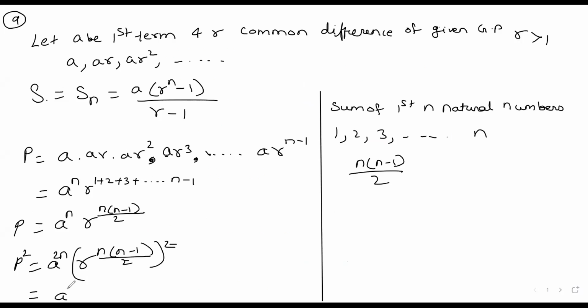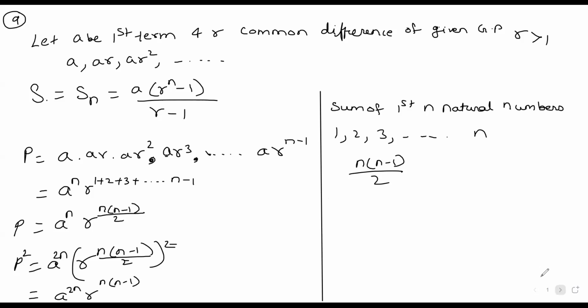So this will be a raised to 2n, r raised to n into n minus 1. We've used this property: sum of first n natural numbers is given as n into n minus 1 by 2. Now these are also first n natural numbers, so we have taken this. So we have got P square.